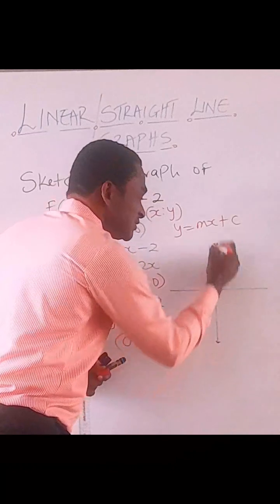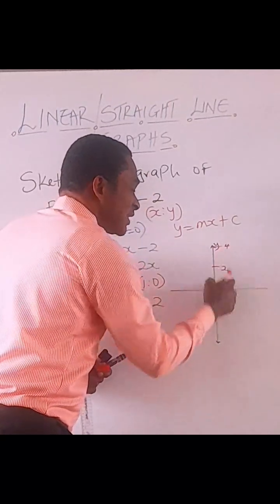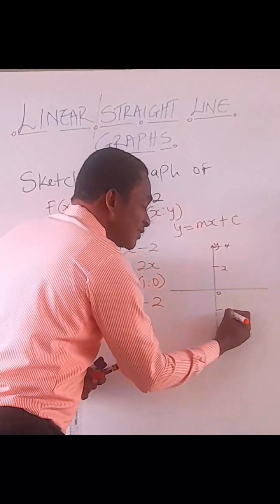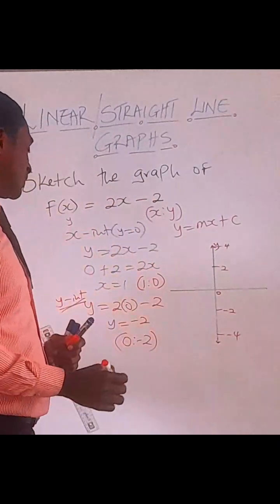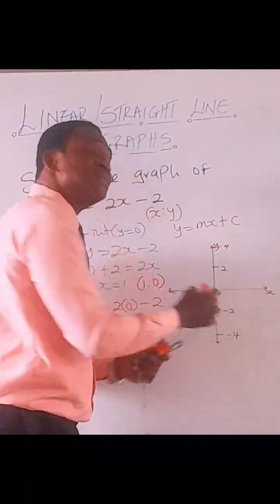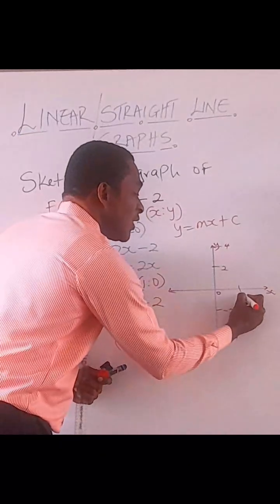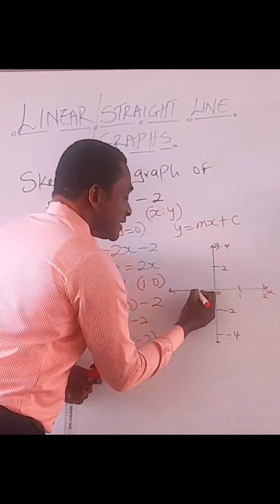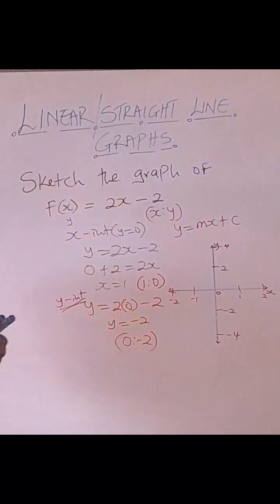Equal intervals, this is your y-axis, means if I'm choosing 2 here, it has to be the same distance, and it has to be in 2s, going up and coming down. For the x-axis, the same thing, you choose any scale of your choice, but make sure you have equal intervals. So I can go 1 and 2. I can also go negative 1 and negative 2. And then I can sketch my graph.